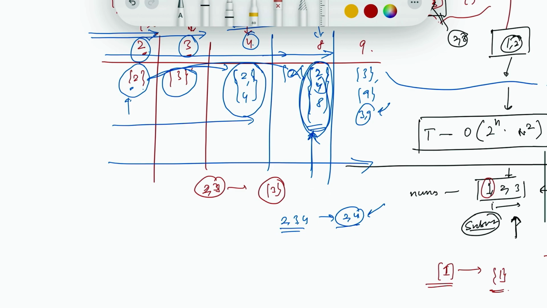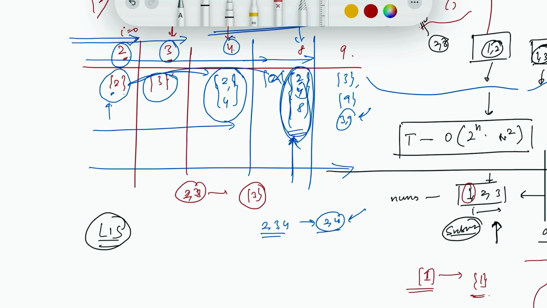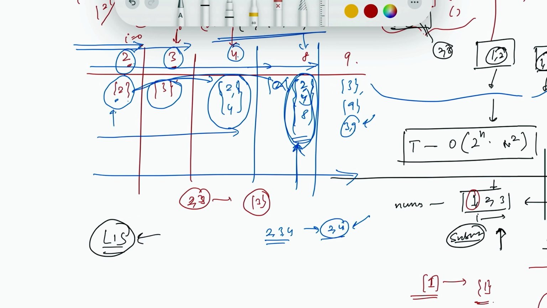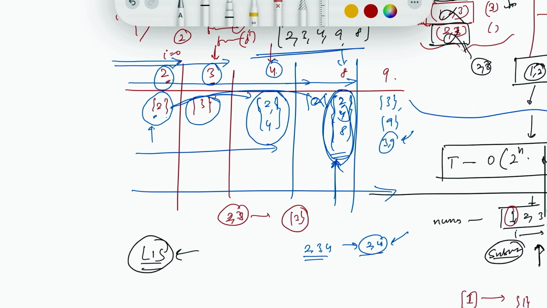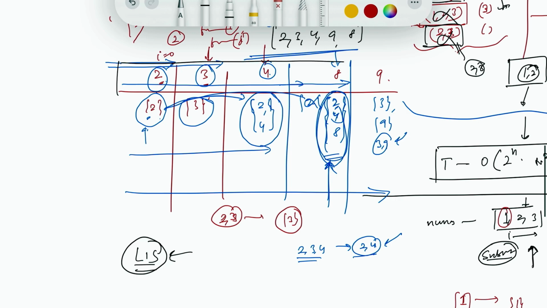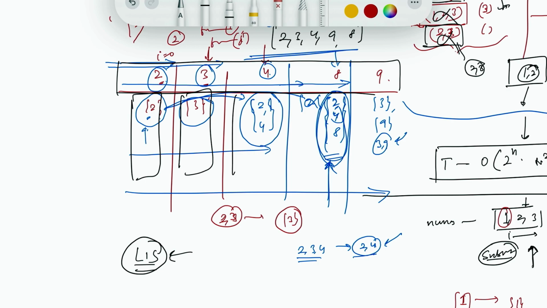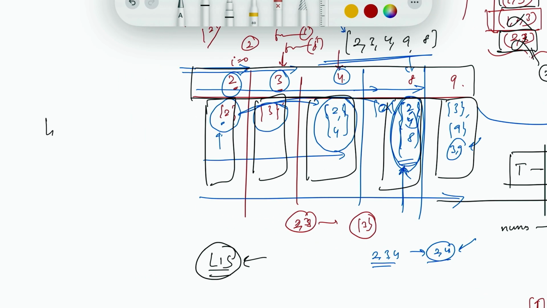Here in the LIS, we were just storing the length of the longest increasing subsequence, the basic LIS problem. Here what I can do is, this is a list, and in every list I am storing a list. So the data structure we can use is a list of lists.